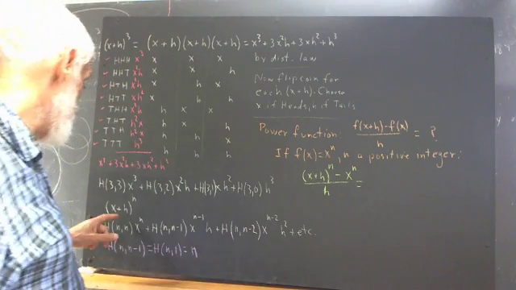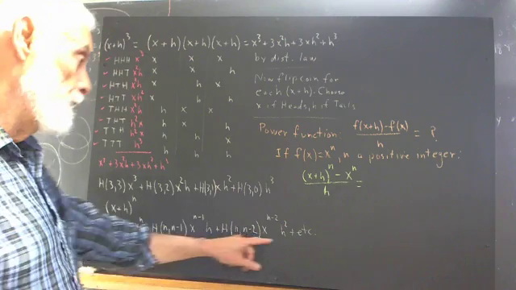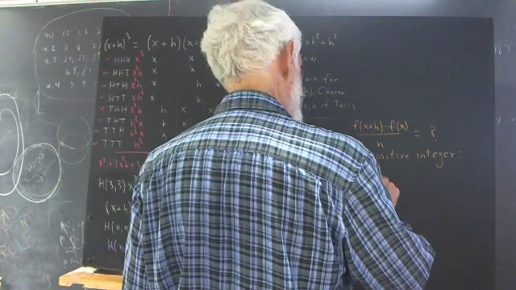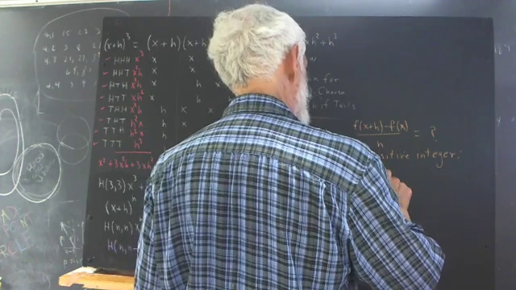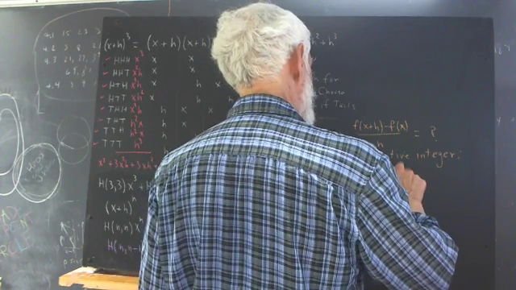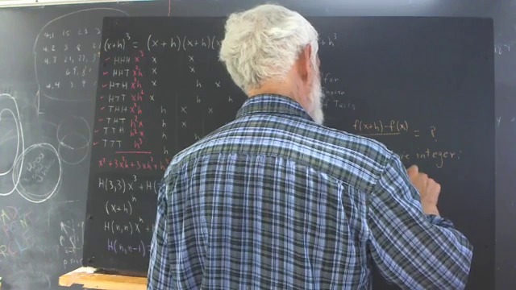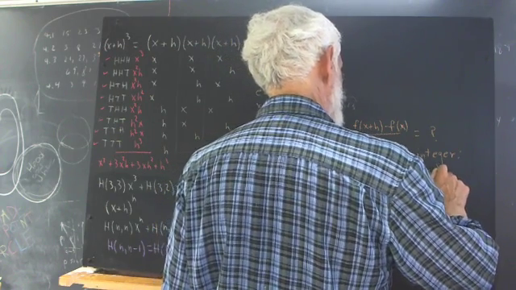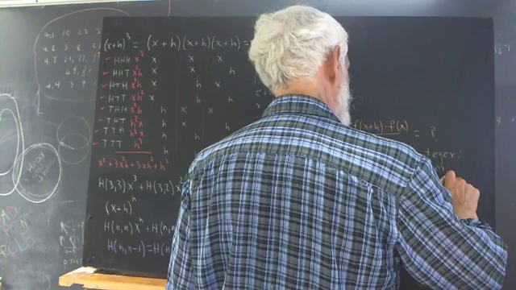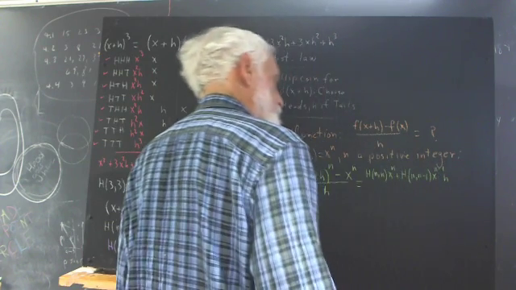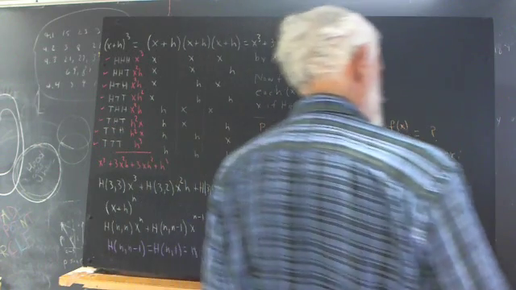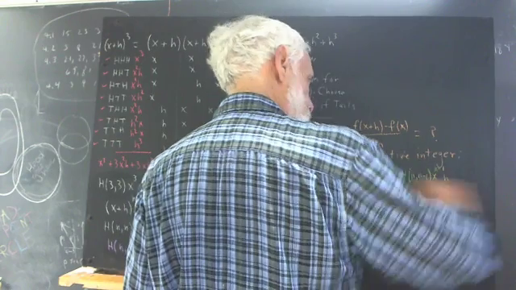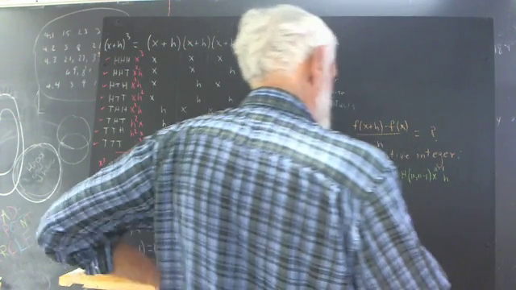Okay, so how do we simplify this? Well, we know that (x+h) to the n is equal to this. So that's H(n, n) times x to the n, plus H(n, n-1) times x to the n-1 times h. Didn't leave myself much room, so I'm going to have to extend this numerator here. I'll put parentheses so we can see what's going on.